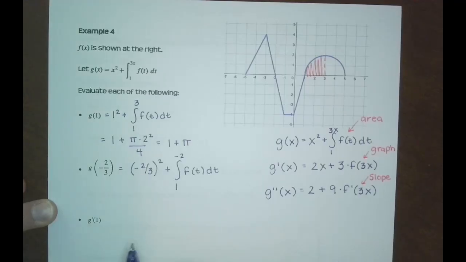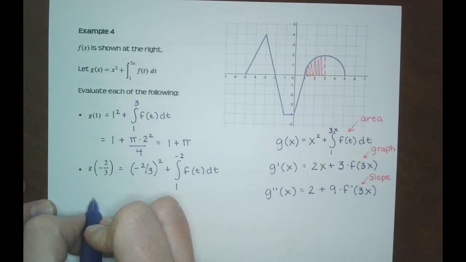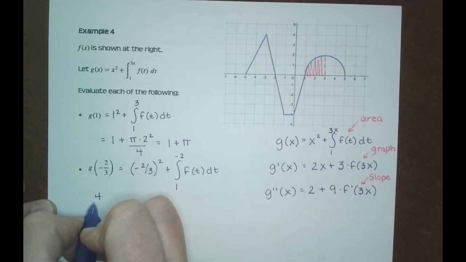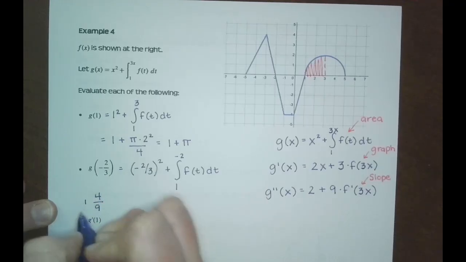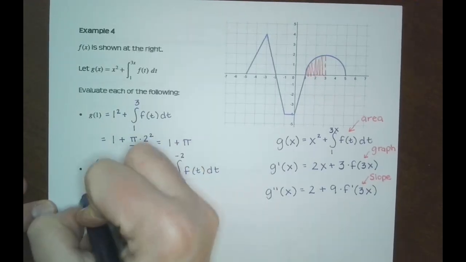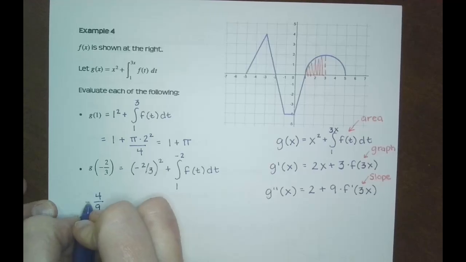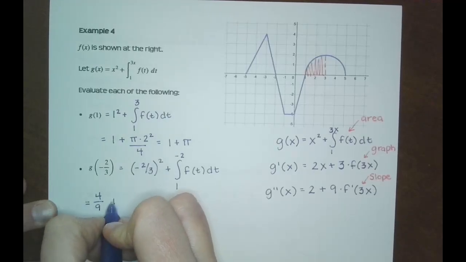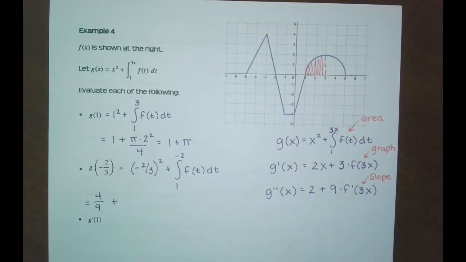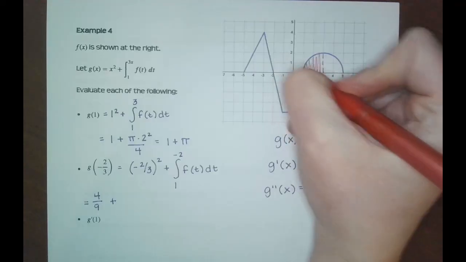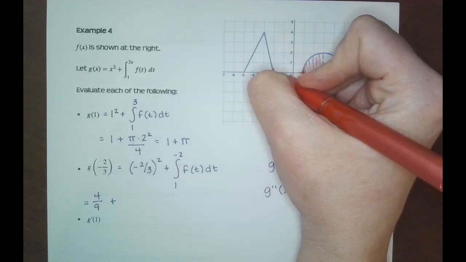Okay, so negative 2/3 squared is going to give me a 4 over 9. Let's write an equals there. Plus, okay, area from 1 back to negative 2.